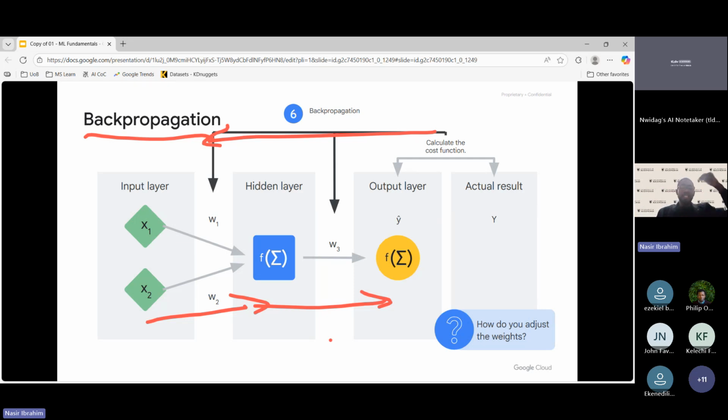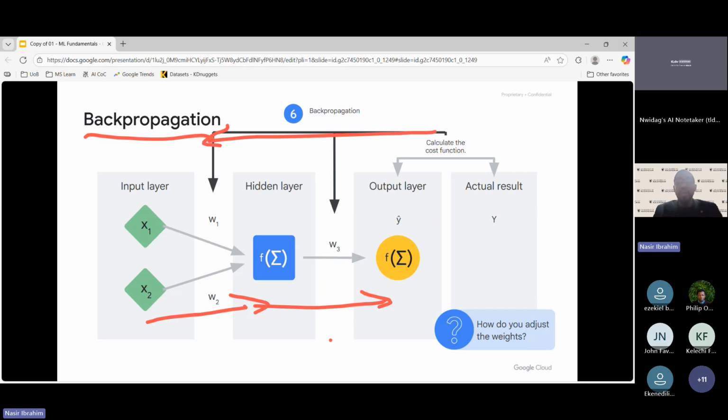If the weights are changed, a new cost function will be computed. If the cost function is still high, it will go back, change the weights again, compute the output, go back again, change the weights, compute the cost function. This will continue to happen until you have the lowest cost function.